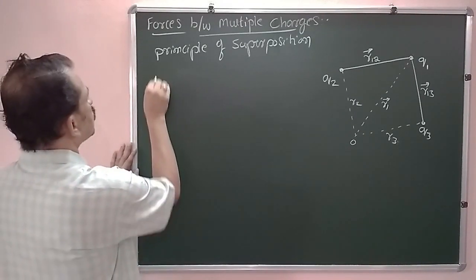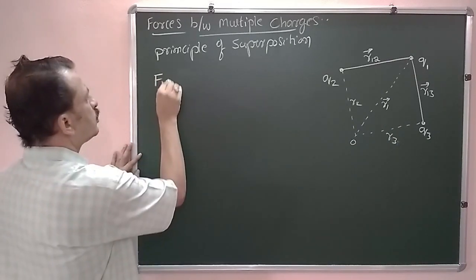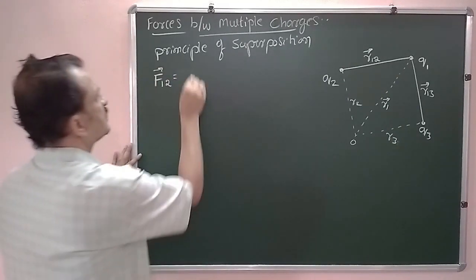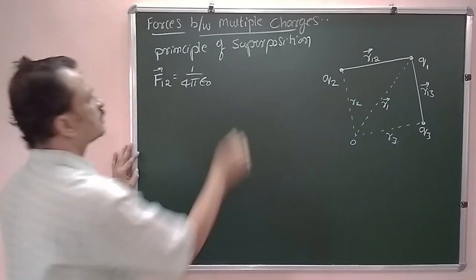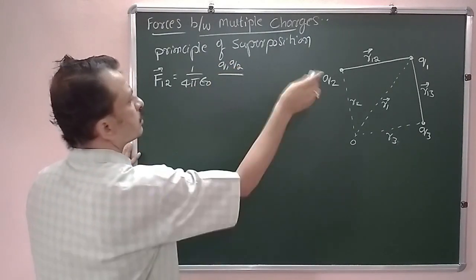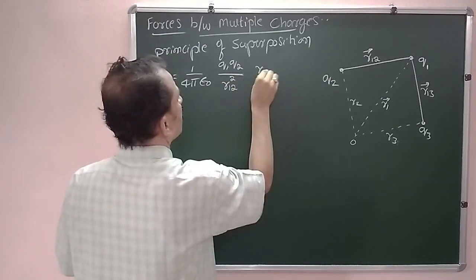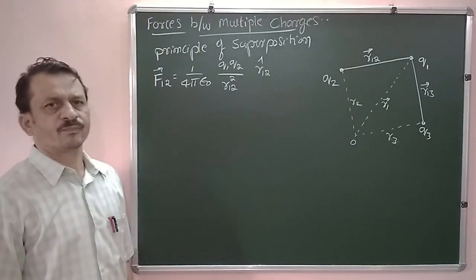Now let me take the force on the first charge Q1 due to the second charge, Q2. It can be written as 1 divided by 4 pi epsilon naught, Q1 Q2 divided by R12 square with R12 cap unit vector.